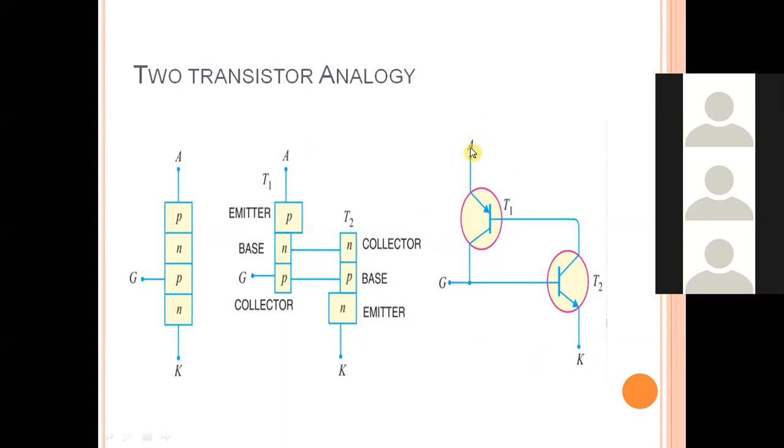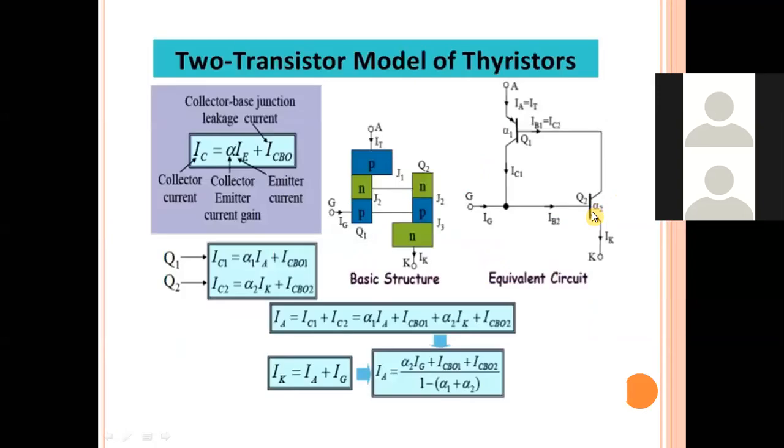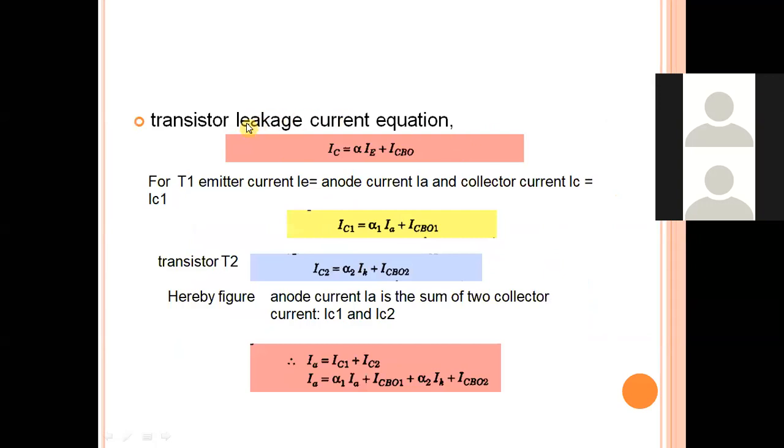For finding the expression for IA, as the two transistors are provided, the total current entering IA is equal to IC2 plus IC1, the collector current of transistor 1 plus the collector current of transistor 2. These can be obtained from the basic transistor equation: IC is equal to alpha IE plus ICB0.